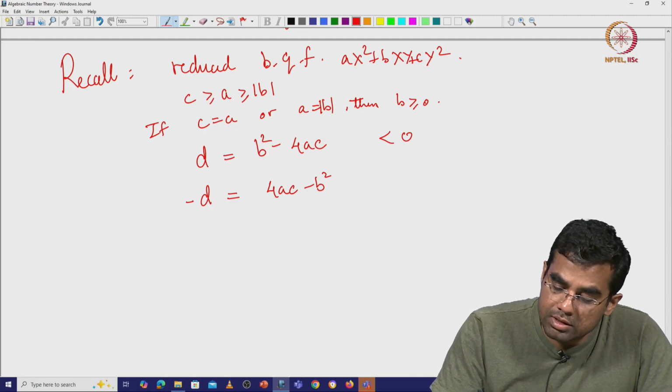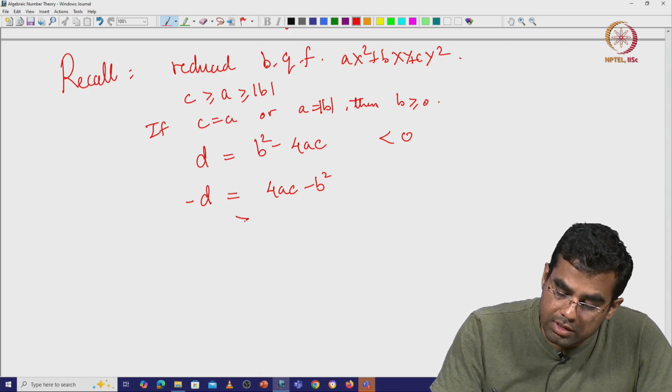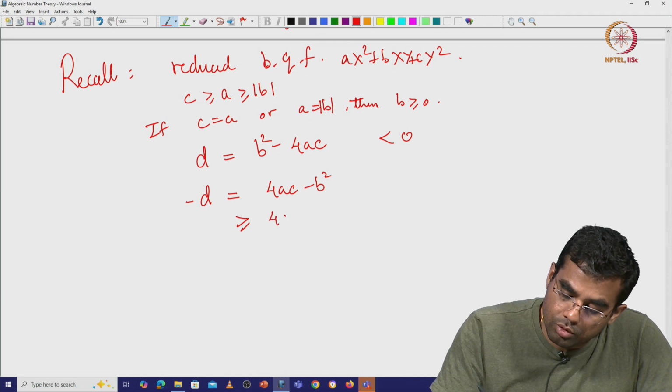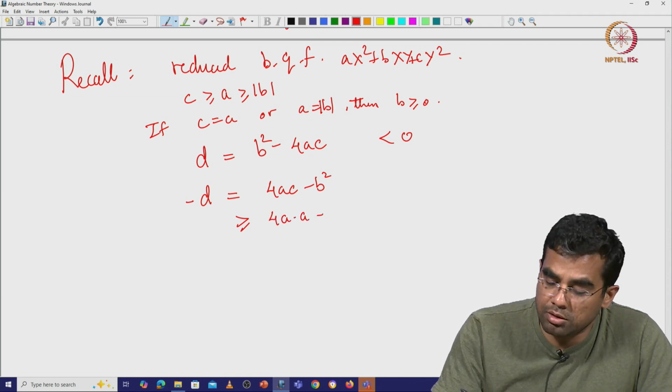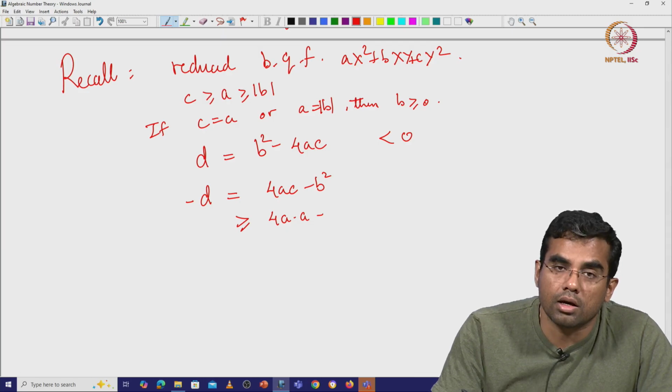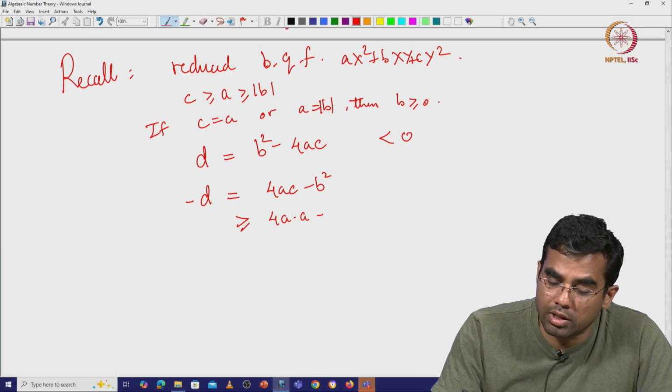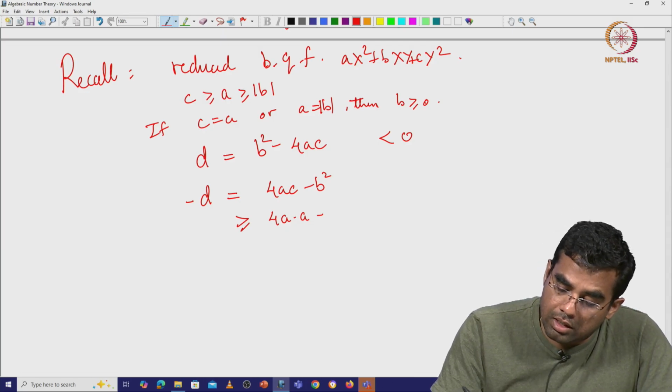If I put instead of c something smaller, namely a, then this is bigger than or equal to 4a times a, and instead of mod b I put something bigger, namely a, which again makes this smaller.